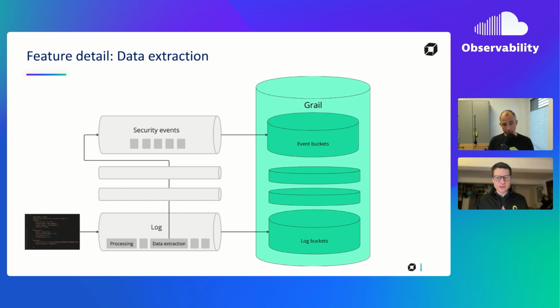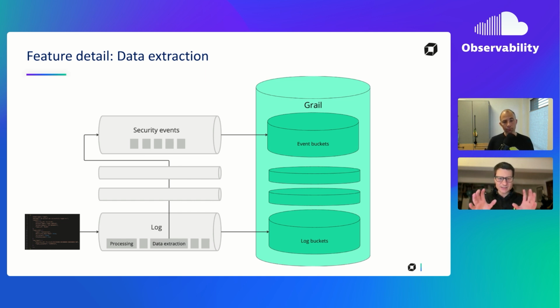And there are lots of upsides to working with the domain-specific data types. So in the example here, you see a log line that contains security-relevant information. And that log line can stay as a log line, with all its access rights, with all its retention policy. You don't have to bother, because you just copy the most important information into the security event. You send it in again through the security events pipeline, and there you have all the things that are relevant for security.